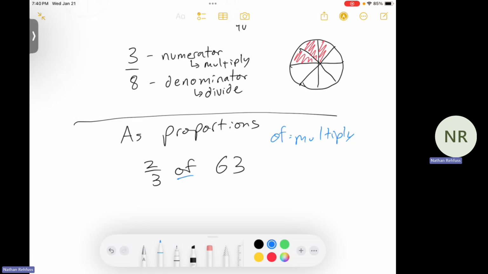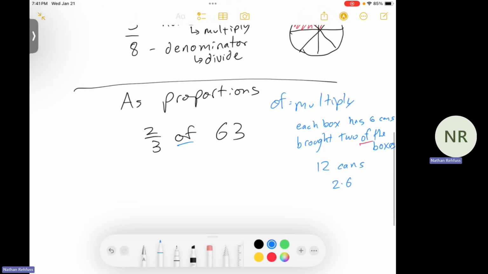So if I said that each box has 6 cans and I brought 2 of the boxes, when I said of here, you know that I have 12 cans, and that's because 2 of the 6 can boxes means 2 times 6. So when I write 2/3 of 63, we're going to multiply 2/3 and 63.